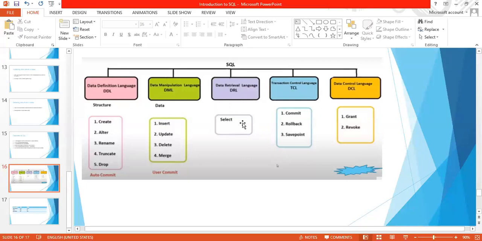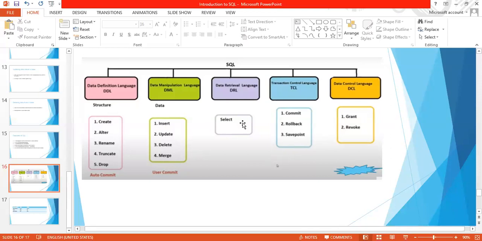We have also seen data retrieval language. Let's say I have created a table, customer information, and inserted 100 customers. After inserting, I have to see the data, whether the 100 customers' data has been inserted into the designated columns or not. Say I want to see which customers are located in a particular location.